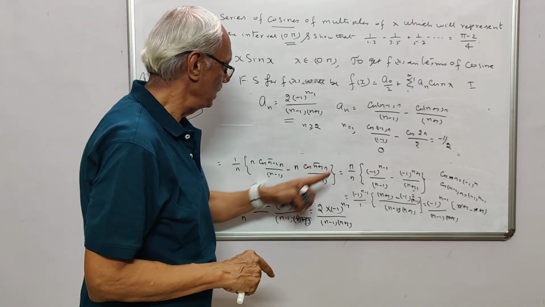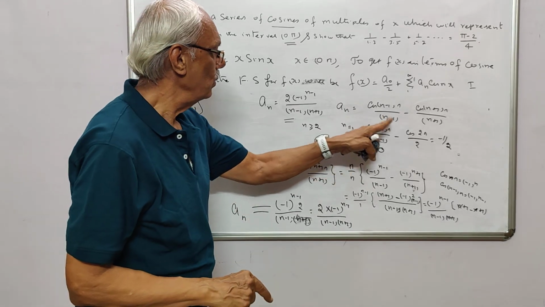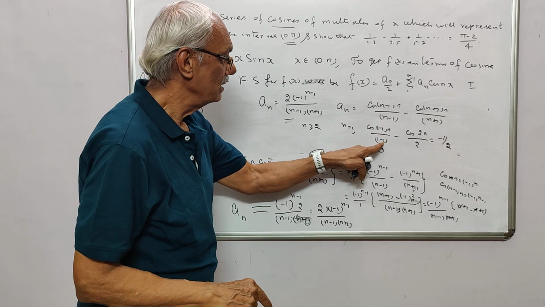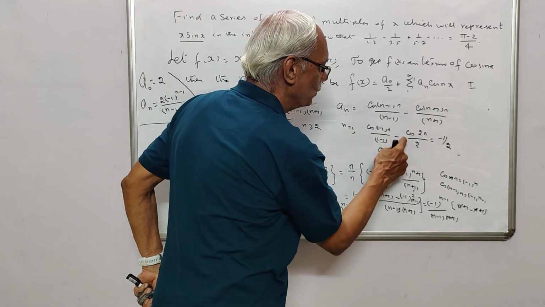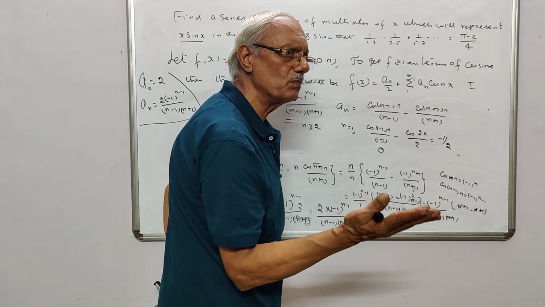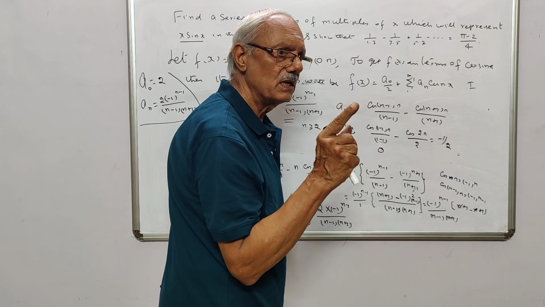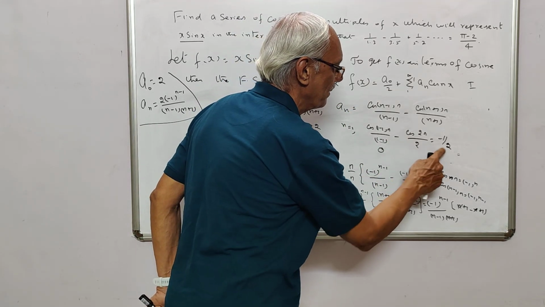When n is equal to 1, you see that this will become 0, because 1 minus 1 is 0. Whereas in this particular case, when n is equal to 1, cos 2 pi is 1, and cos 2 pi divided by 2, with the minus sign, gives minus half.